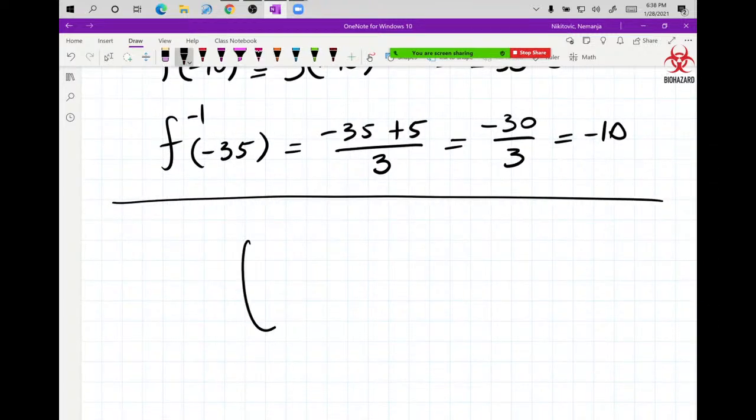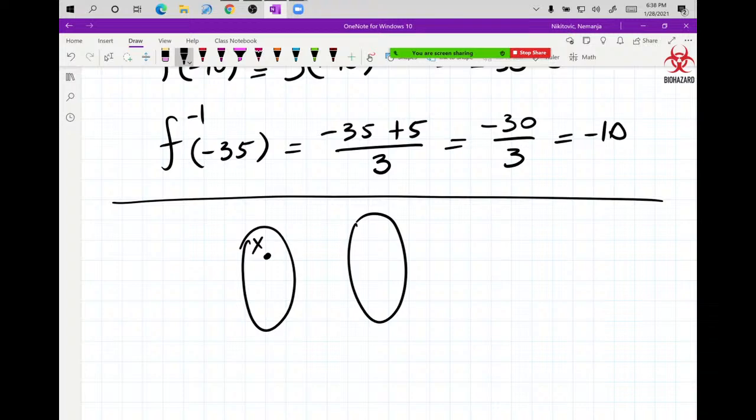We can draw a pretty little picture where we pick an element, x, map that element into y using the function, and then map it back into x by using the inverse. This could be your domain, and this could be your range. So the function takes elements from the domain into the range, changing them.